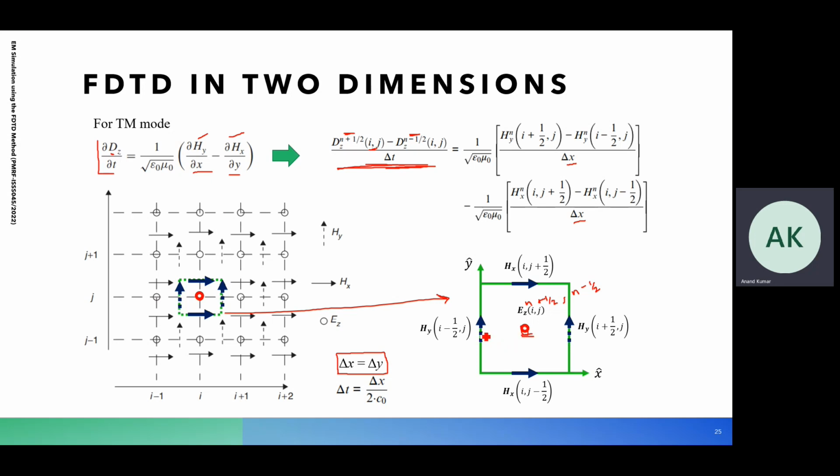So we take the Hy at the neighboring points, the point over here and the point over here, and we approximate the spatial derivatives using the central difference scheme, using Hy at i minus 1 and i plus 1 comma j terms. So we get the spatial central difference approximation for this Hy, and similarly we do this for Hx as well, by taking the value of the magnetic field at the nodes i, j plus half and i, j minus half.